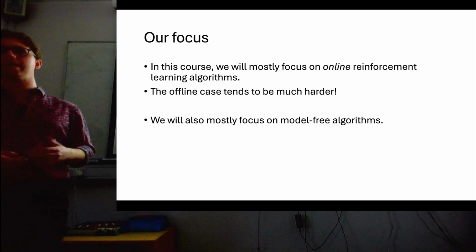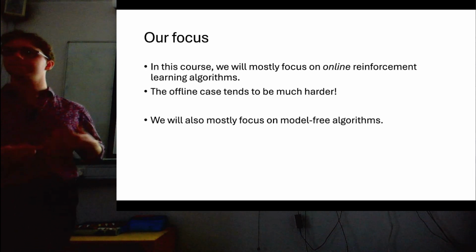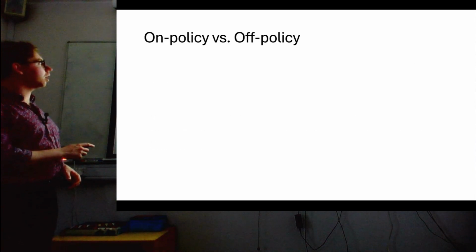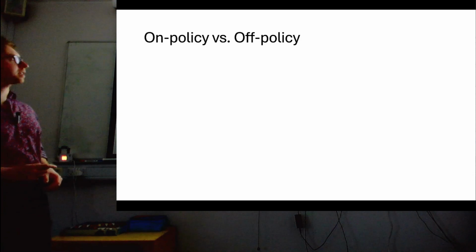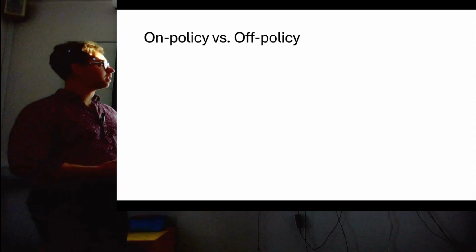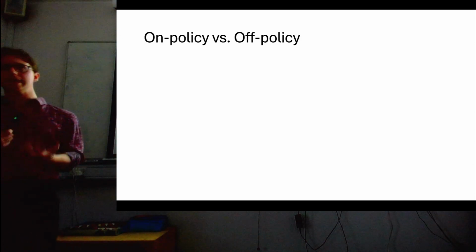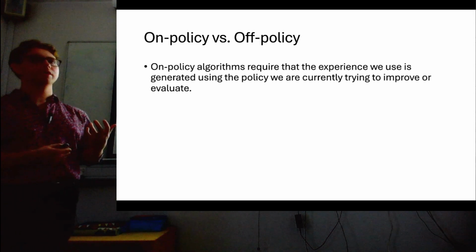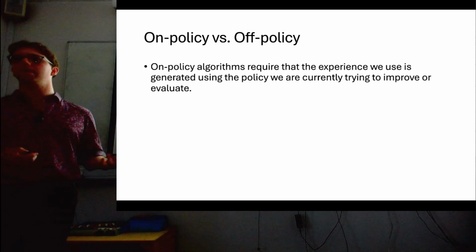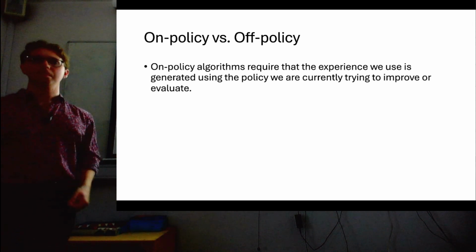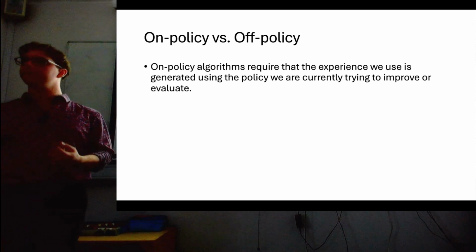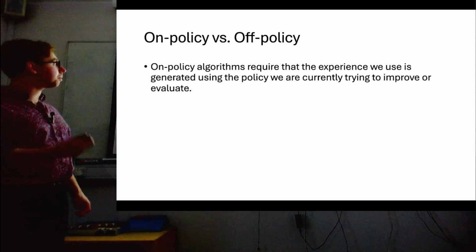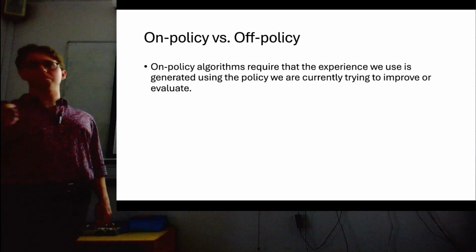Also, these model-free algorithms are sort of the canon. Great. Okay, on policy versus off policy. On policy means that the data I use to learn things, either how I need to change my policy or what values different actions have, has to be generated by the current policy that I'm trying to improve.